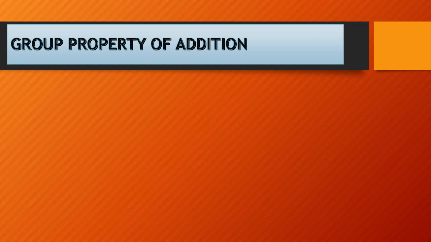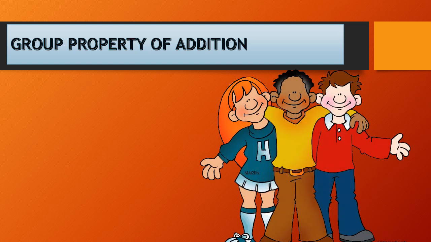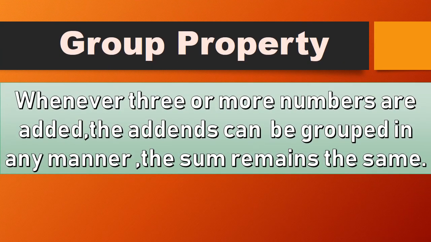After learning the first property, that is the order of addend property, today we have come to the second property of addition, which is the group property. The group property says whenever three or more numbers are added, the addends can be grouped in any manner.